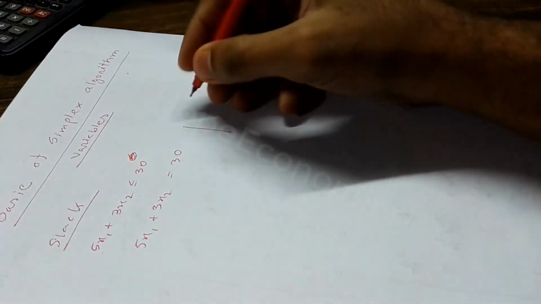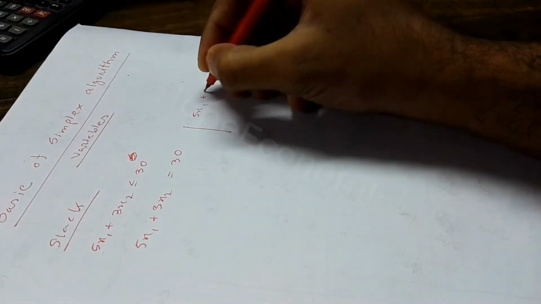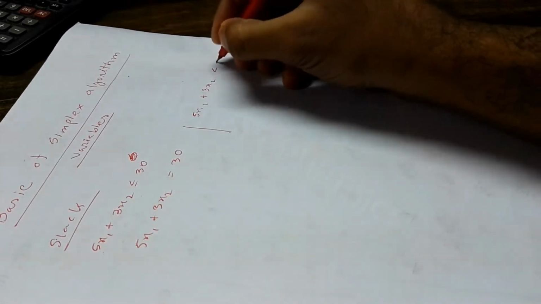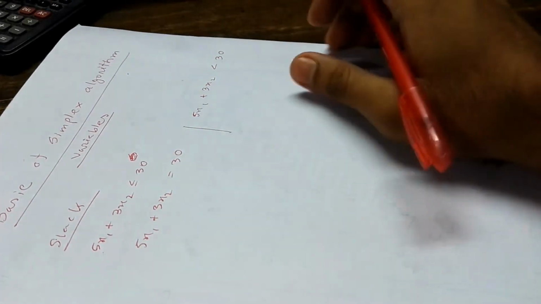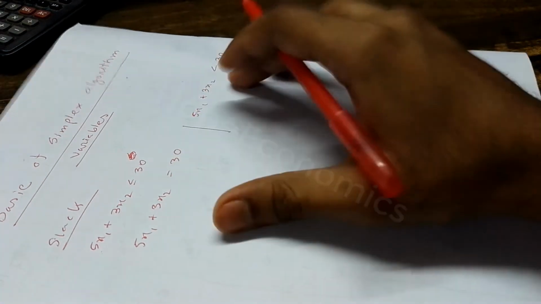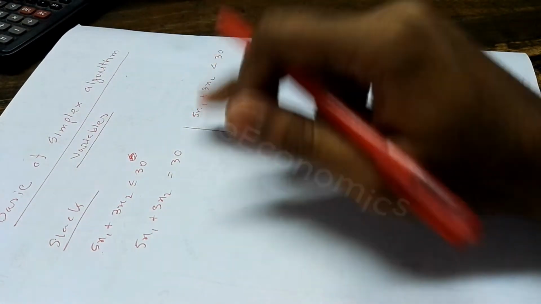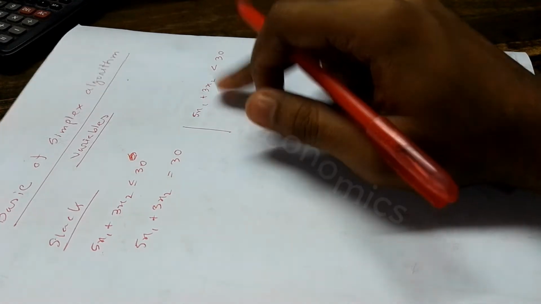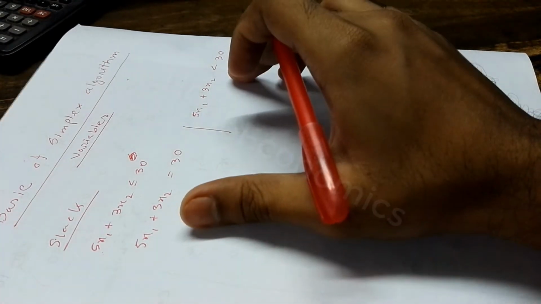So 5x1 plus 3x2 will be less than 30. These are the two cases included in this inequality: it could be either equal to 30 or less than 30. So what are we going to do right now?